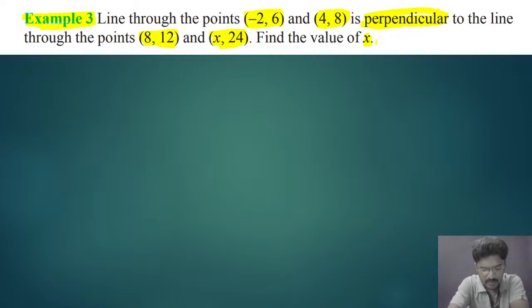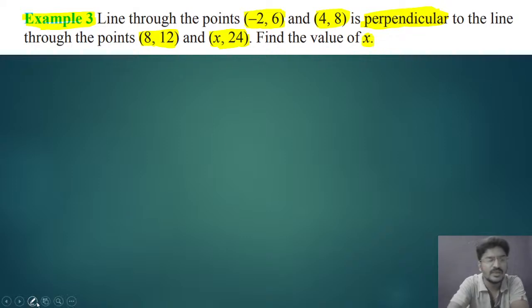Here you have to understand the problem: there are two lines. The first line is passing through the points (-2, 6) and (4, 8), and it is perpendicular to the line passing through the points (8, 12) and (x, 24). So we have to find the value of x.